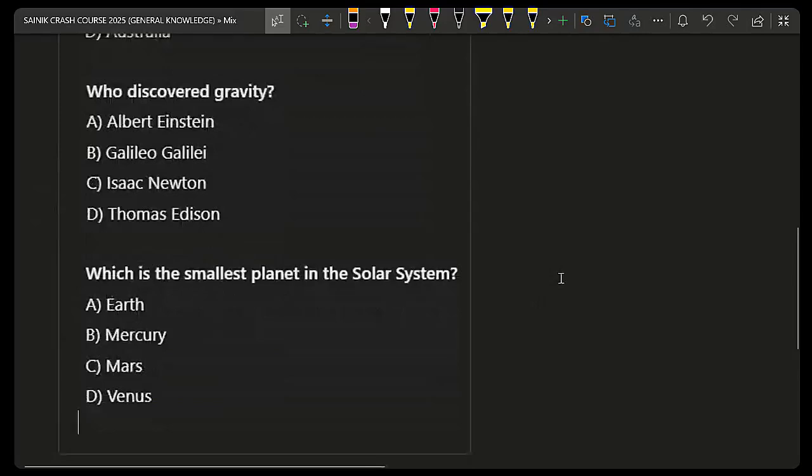Earth, Mercury, Mars, Venus. Earth, Mercury, Mars, Venus. Which is the smallest planet in our solar system?